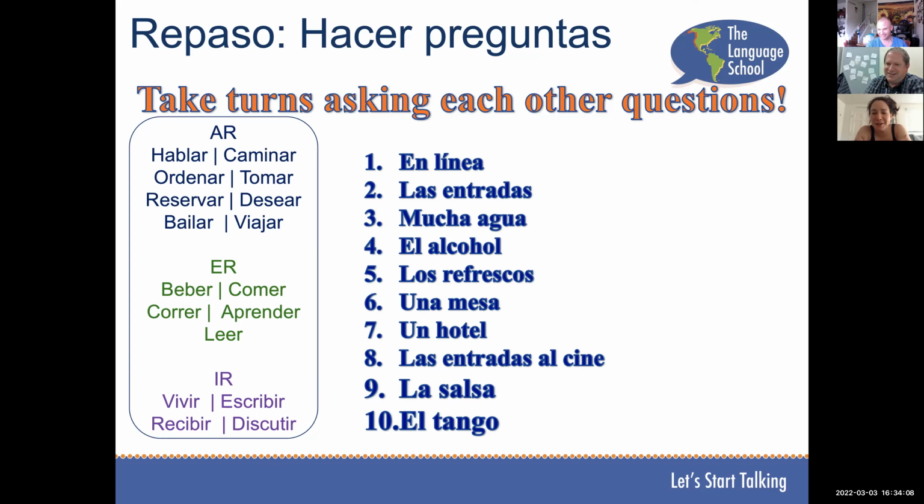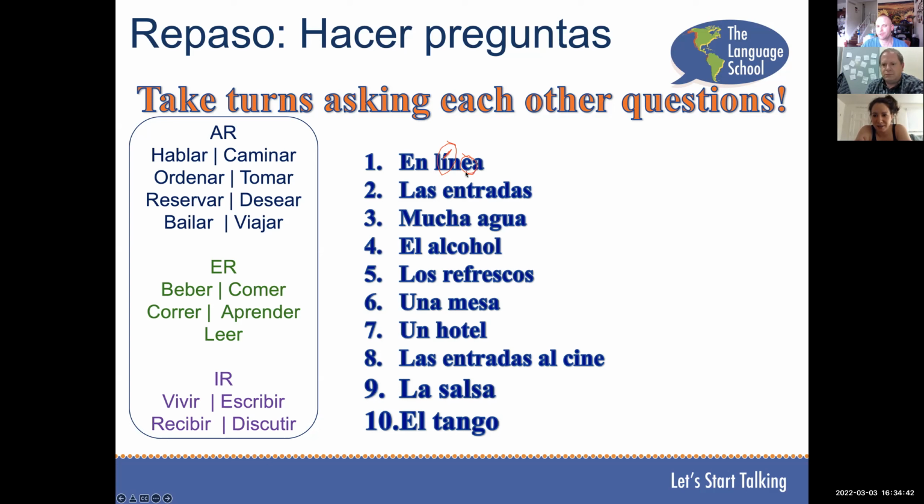Okay, let me start over. No, yo no hablo en línea. I want to say linea because of the A, right? The problem is you're trying to put the emphasis here, but because of this accent mark, this is what gets emphasized.